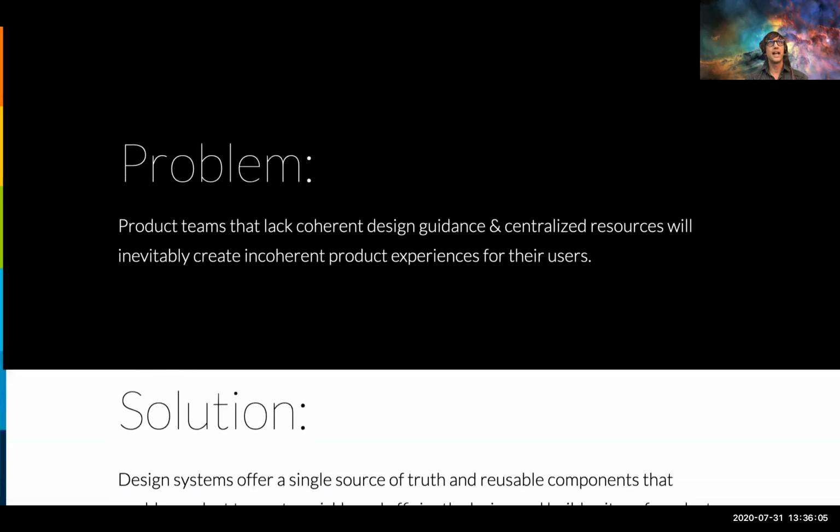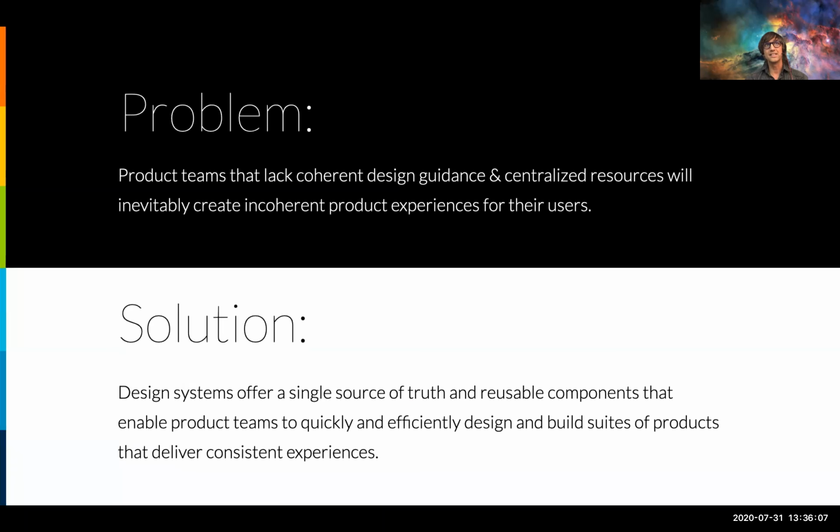The solution there really is to create a design system that offers a single source of truth and reusable components to enable product teams to quickly and efficiently design and build suites of products that deliver consistent experiences. I know you all know this, but taking the big picture, zooming out to why we're doing this in the first place, I think is really helpful.